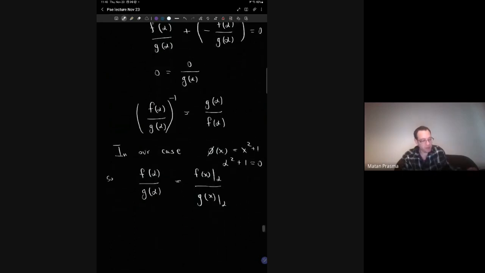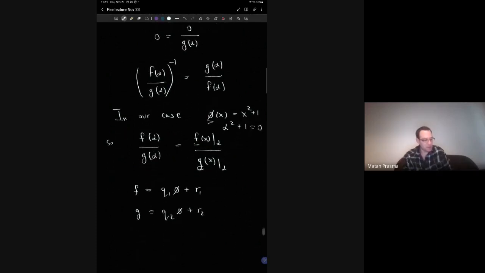But what I can do is first reduce f and g modulo phi. So I can always write f as, say, q1 phi plus r1, and g as q2 phi plus r2.